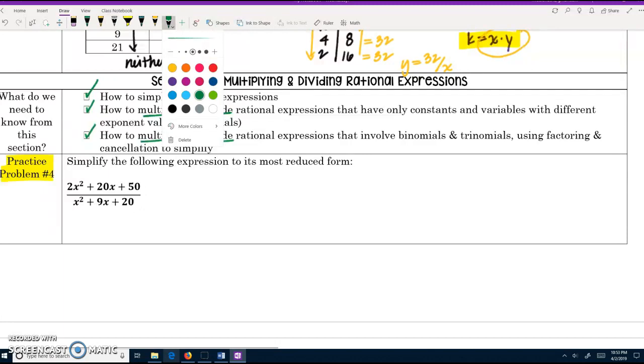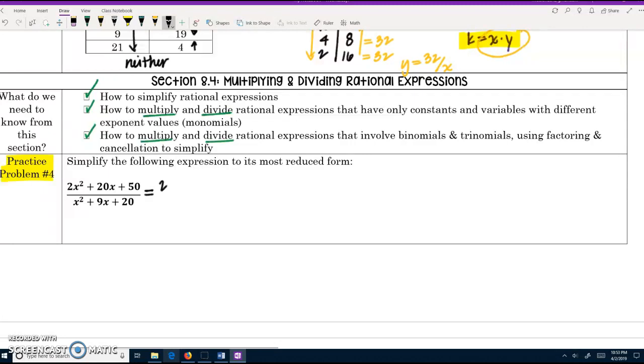We don't have to do any multiplication or division here. So anytime you're asked to simplify and you have quadratics up top and down below, what you want to do is factor. So here up in the numerator, I can begin by factoring out a 2, and that will leave me with 2 times x squared plus 10x plus 25.